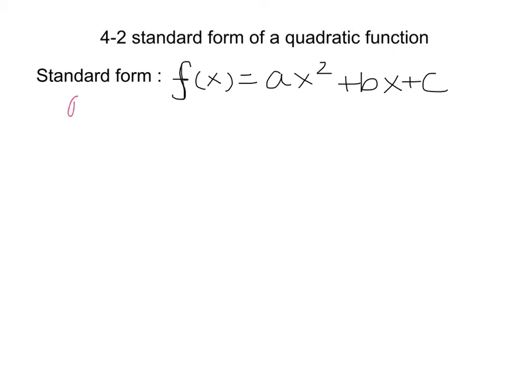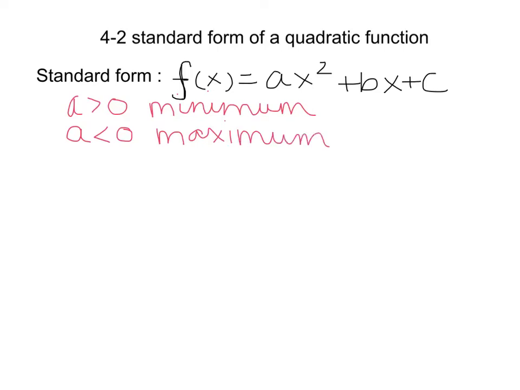If a is greater than 0, then it is going to be a minimum, which means your parabola opens up. If a is less than 0, it's going to be a maximum, and your parabola opens down.